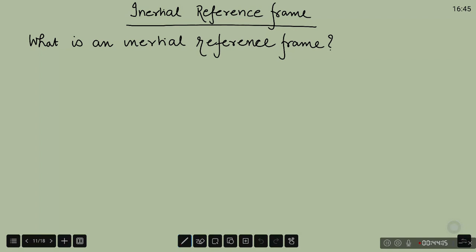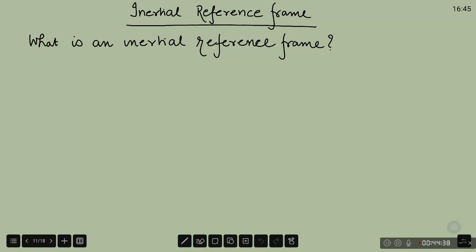I am sure you have heard this phrase before, but I will pretend that this is the first time we are coming across this inertial reference frame. I don't know what your understanding of inertial reference frame is so far, but I will pretend we don't know anything and I will define what an inertial reference frame is.